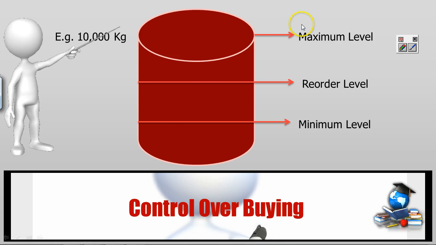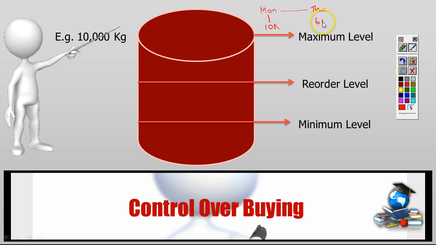So Monday, let us say you are ordering 10,000 units, and then this goes up to Thursday, 4 days. So now it is 6,000 units. Now it again goes down, you are waiting for the order to arrive, and now it is next Tuesday. So Friday, Saturday and Monday, so another 3000 is gone.